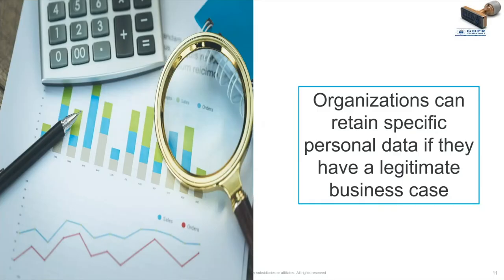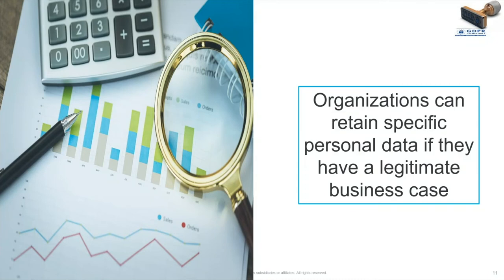Now, as I mentioned earlier, organizations can retain specific personal data if they have a legitimate business case, because GDPR was not designed to prevent organizations from carrying out their normal business operations. However, where the business has a legitimate reason for storing and processing personal data, they must know what personal data they are storing, set a time limit for how long they require that personal data, and adhere to that time limit.